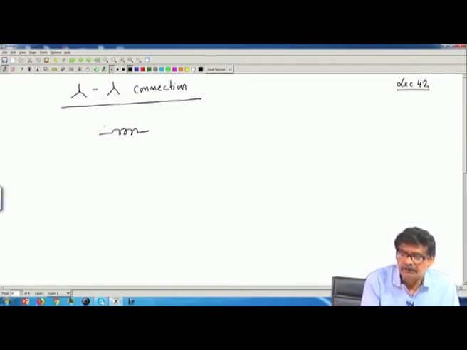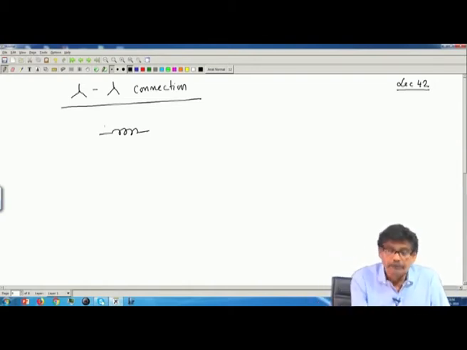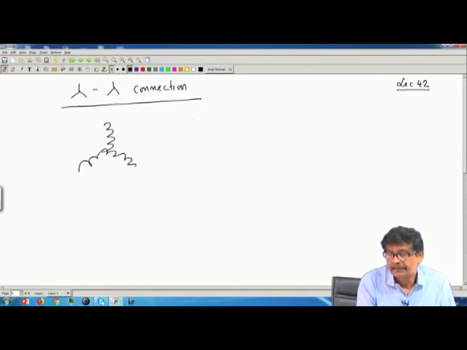So, suppose I simply draw like this, because we will presume that whoever is connecting is connecting correctly. The primary is star connected, so draw it star. The secondary is also star connected, draw it star.